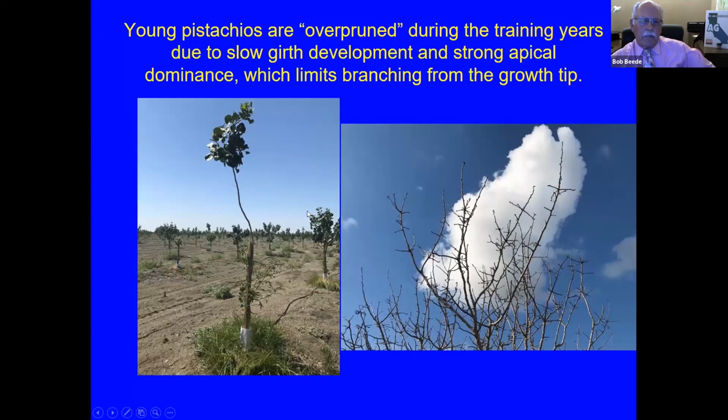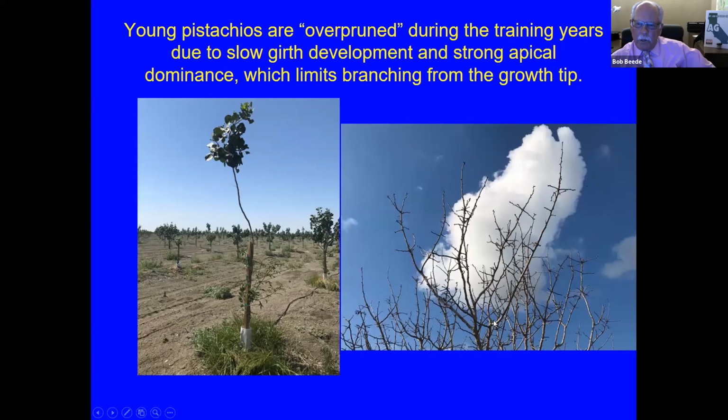Here's an example of this apical dominance. I saw an orchard this year that didn't get pruned. Here's a 1-year-old tree with a poodle tail on top, and there's no lateral branching. If this were an almond tree or a peach tree, you'd have limbs all over here, but such is not the case with pistachio. Here are older branches showing the apical dominance.